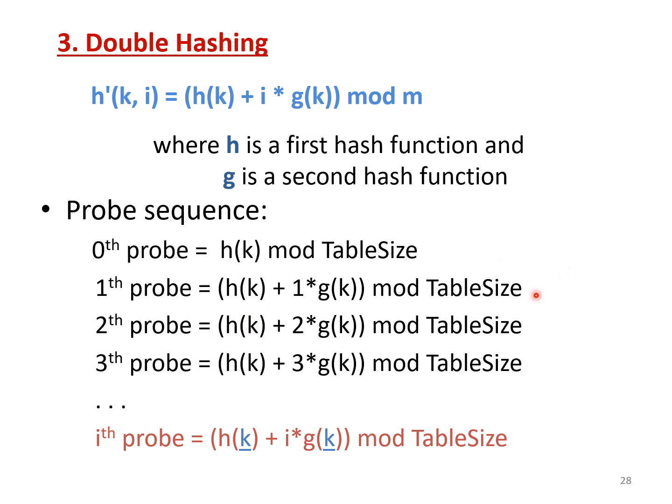Still if there exists a collision, we'll go to the second probe. Now it becomes h of k plus 2 into g of k. Whereas when we are in the third probe, then it will be h of k plus 3 into g of k. And similarly, when we are at the ith probe, we will calculate the index using h of k plus i into g of k mod table size.